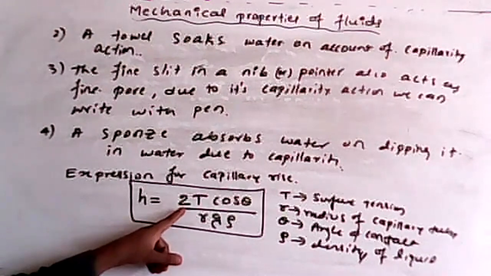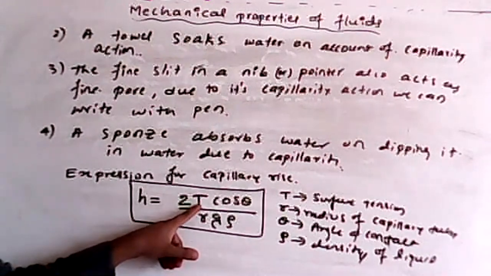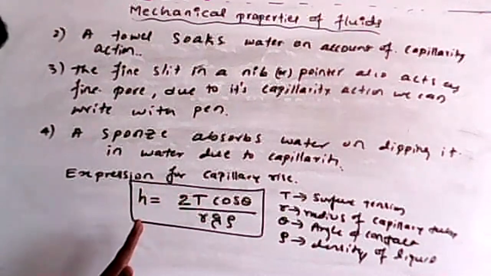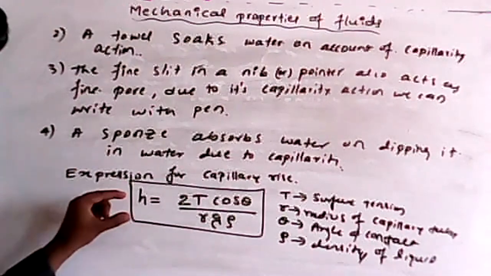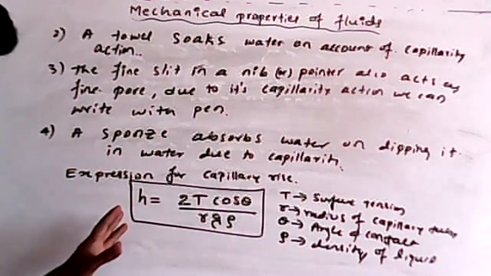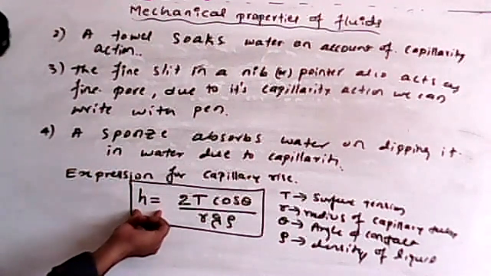2 is some constant. The derivation is not important, remember. You have to derive it in your booklet. They have given the derivation, but derivation is not important for the board examination. They may ask problems based on this equation only.